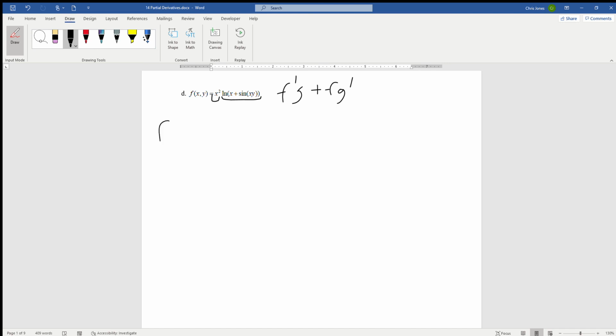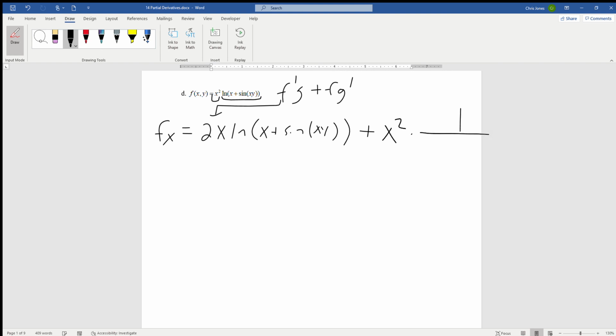And so f sub x is going to be derivative of x squared is 2x, so that's your f prime. And then the other function just comes over, ln of x plus sine xy. And then plus x squared stays where it is. The derivative of ln is 1 over whatever's inside the parentheses. So that's 1 over x plus sine xy.